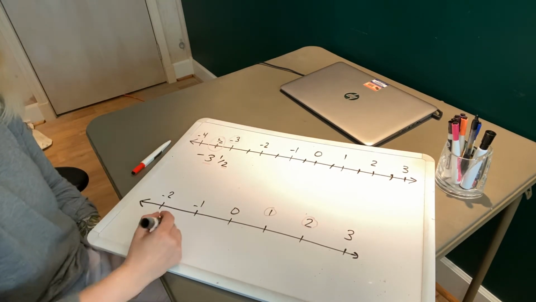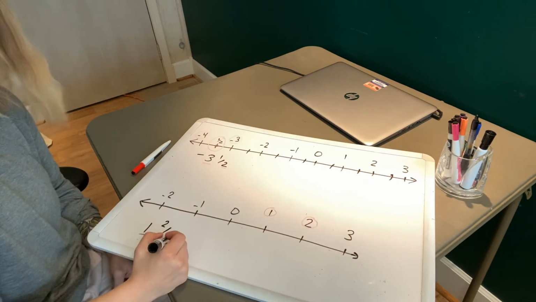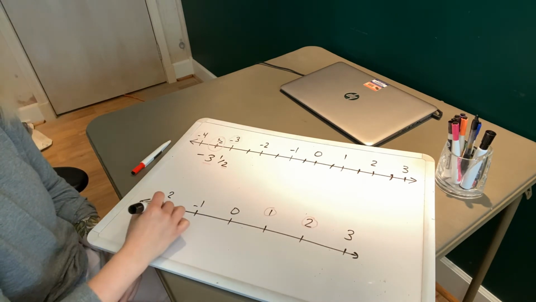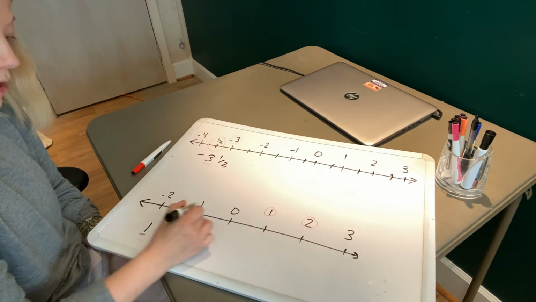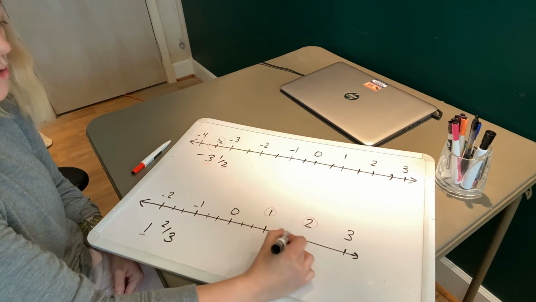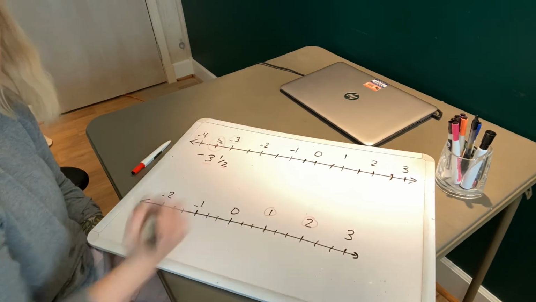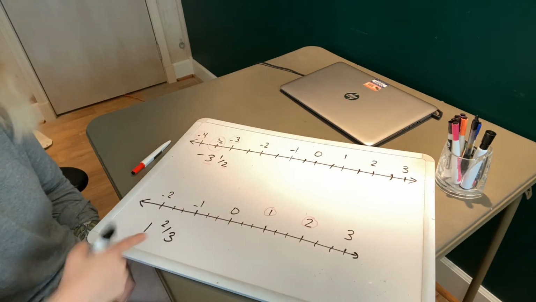Okay, before we identify where the 2/3 is, we need to make sure we break up the line. 3 is our denominator, so we need to make sure between each section there are going to be 3. So we have 1, 2, 3, 1, 2, 3, and so on. Just to demonstrate what each of these would be, we're going up by thirds.